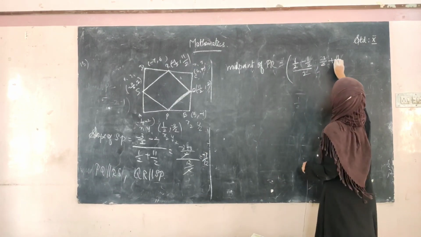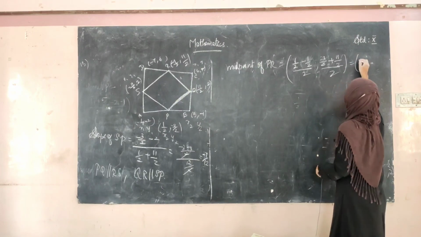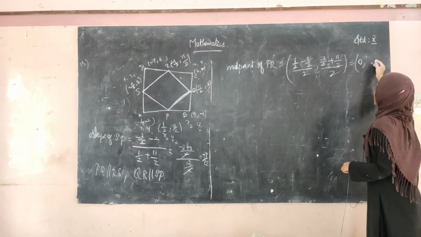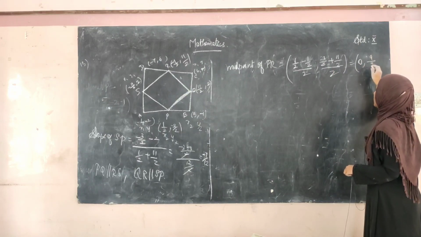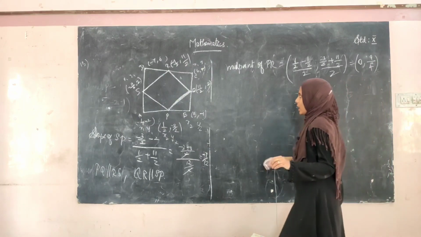It is 11 divided by 2, divided by 2. See here, it is 0 divided by 2, so it is 0 comma, so 11 minus 3 is 8, 8 by 2, so 8 by 4, 0 comma 9 by 4, and again.